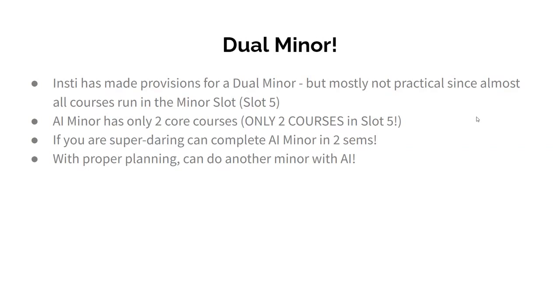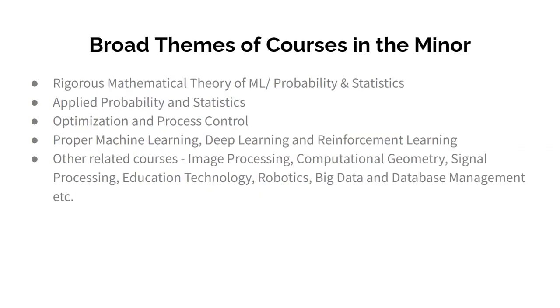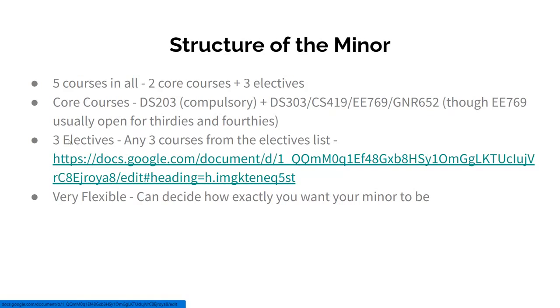And with proper planning, you can do another minor with AI, as I am doing right now. I'm pursuing my dual minor in CS and AI. I've almost completed my AI minor courses, so I have a free slot 5, and I'm using that slot 5 to do CS minor courses.